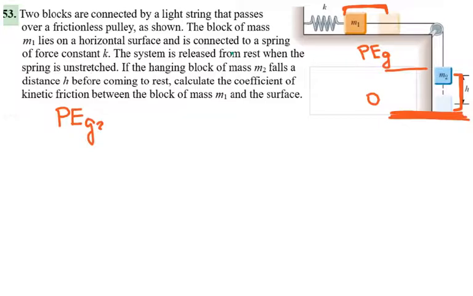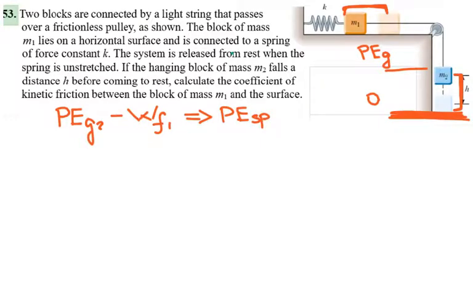But not all of it is going to go to the spring energy because there is friction. So this energy minus the work done by the friction on the block 1, and the rest is going to go to the potential energy of this spring.